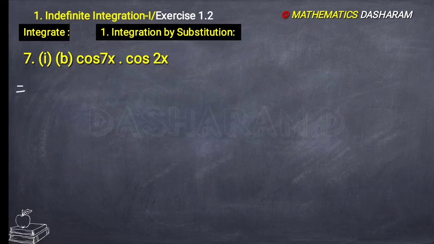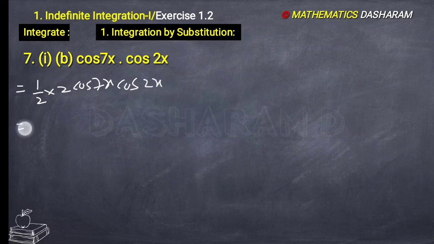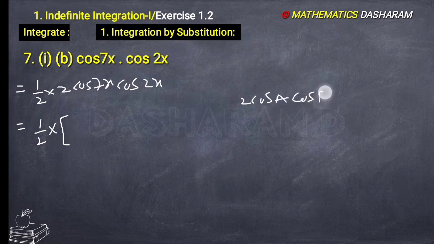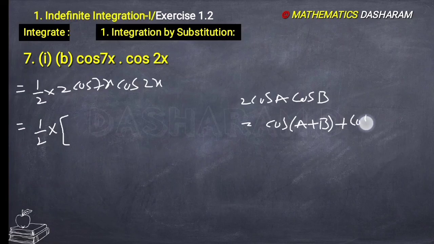B question, cos 7x into cos 2x. So it is equals to multiply and divide with 2 of the given question. 1 by 2 into, it is in the form of 2 cos a cos b, which equals to cos(a plus b) plus cos(a minus b).